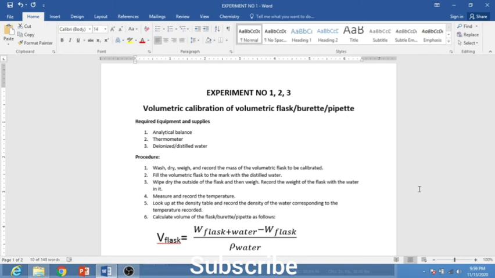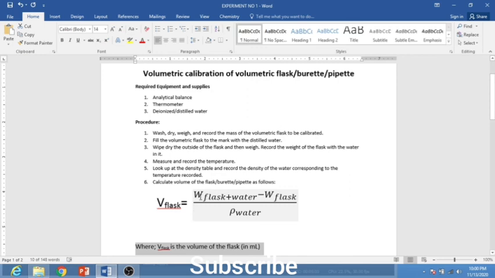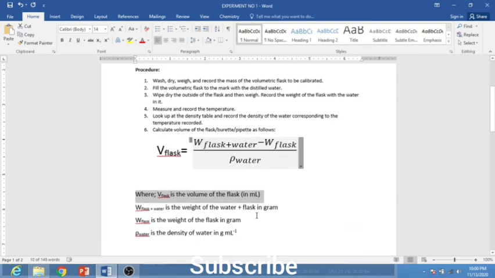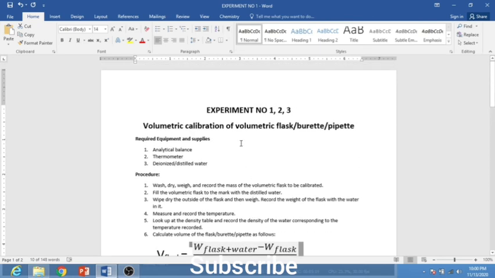Okay, calculate the volume of the flask, burette, pipette as follows. Volume of flask is equal to weight of flask plus water minus weight of flask, divided by density of water. And then you have to make a table for these readings. So these are your 3 experiments: one experiment is for volumetric flask, second is for burette, and third is for pipette.